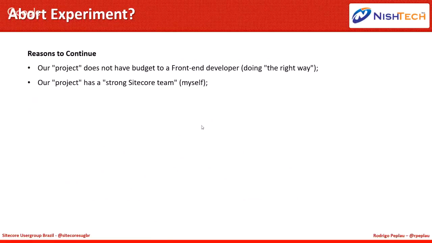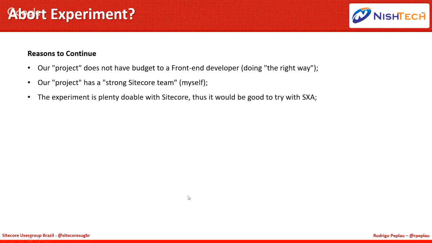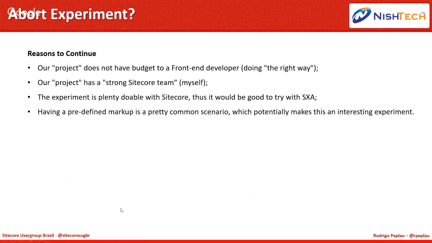Our project has a strong Sitecore team, which is myself. And the experiment is planned to be doable with Sitecore, right? Out of the box Sitecore, vanilla Sitecore. Thus, it would be a good try to do that, as I say, why not? Having a predefined markup is a pretty common scenario, which will potentially make this an interesting experiment. That's why we chose to continue.